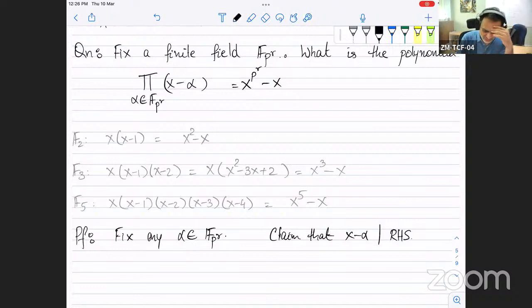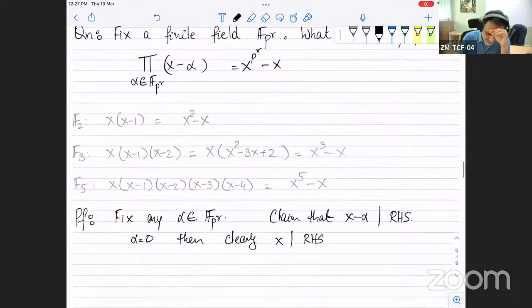Now I just need to do some simple case analysis. Suppose alpha was equal to 0. Then clearly x divides the right-hand side. So this part is done. Suppose alpha was not equal to 0.